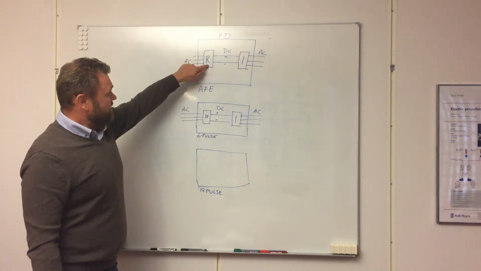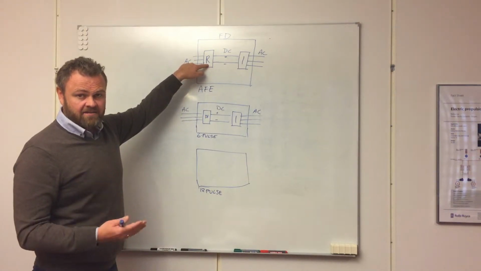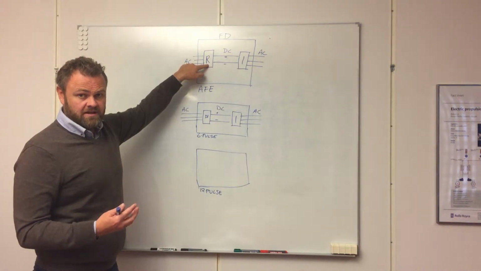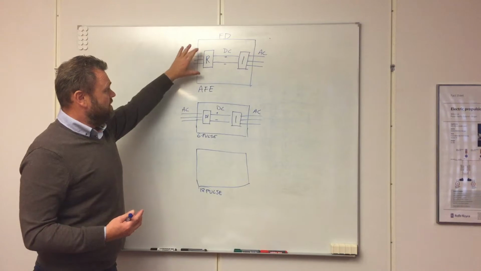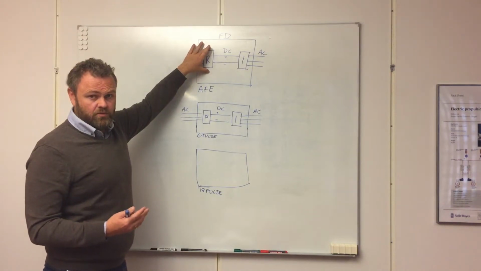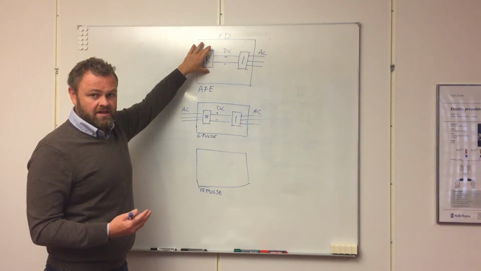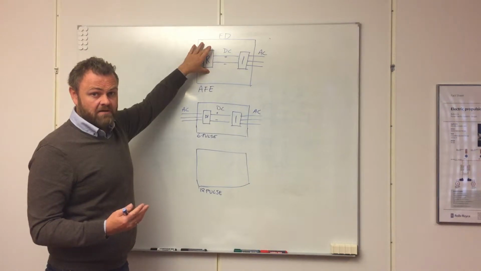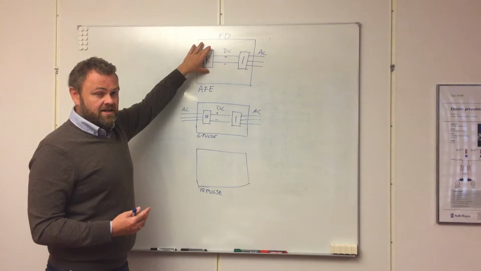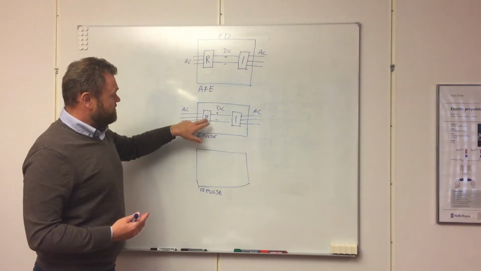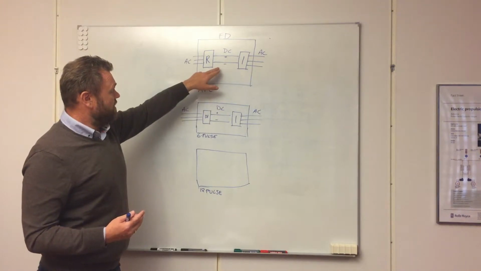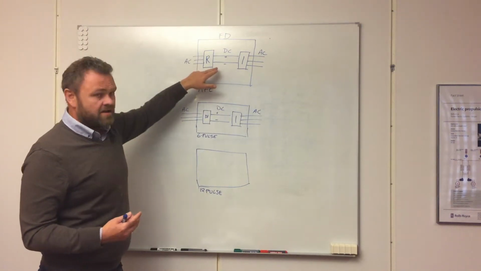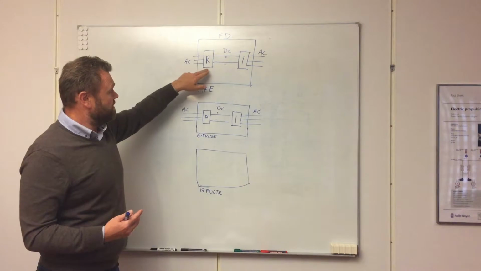So in this case we have an active unit that makes DC out of AC. By active components inside, I mean IGBT. You may have heard that expression as well. IGBT. It is diodes that are controllable, and you can push energy in both directions.